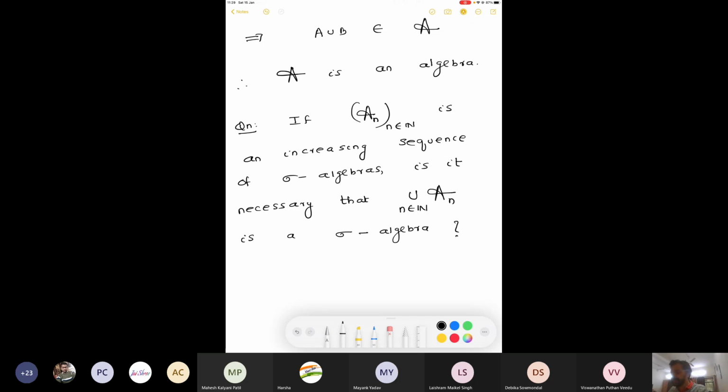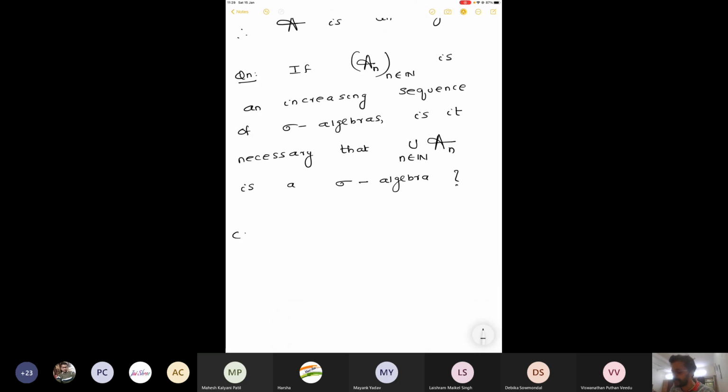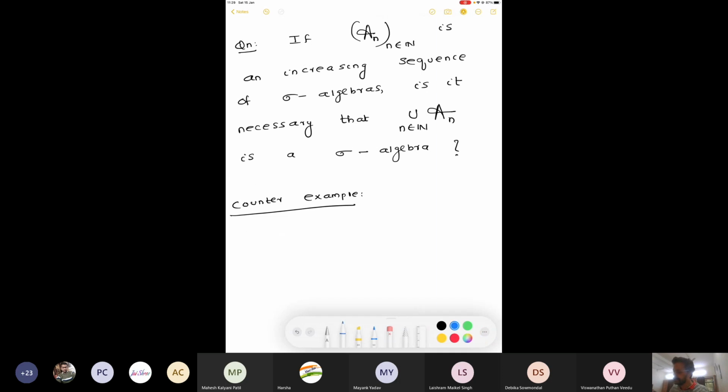So to answer this question, I will give a counterexample here, but it will be more clear when we do the third problem. So let me give a counterexample just for the sake of completion. But this is based on our third problem. I take X to be the natural number system N.